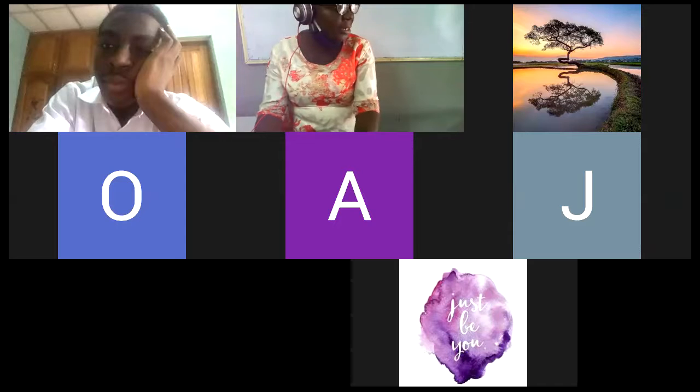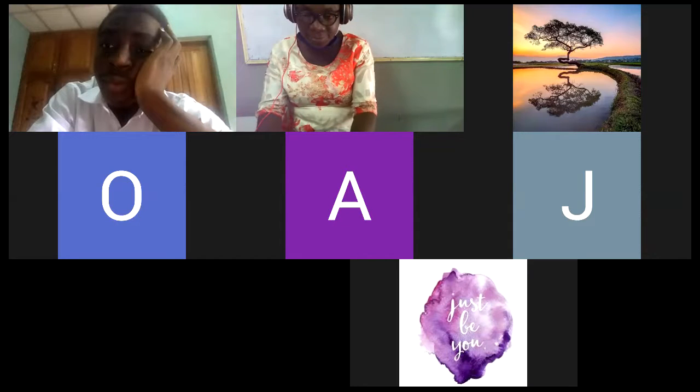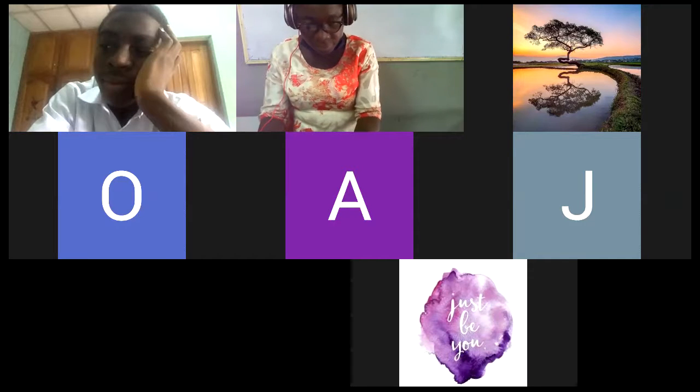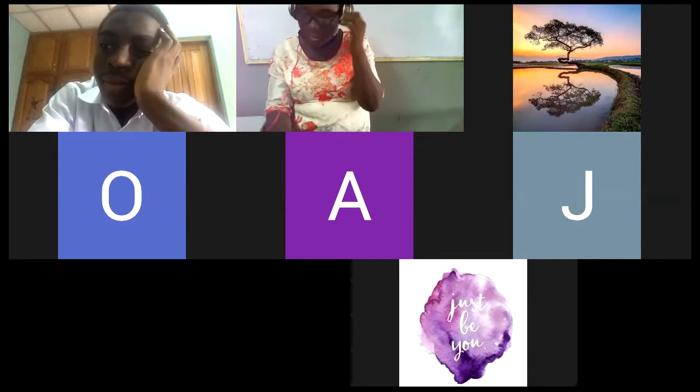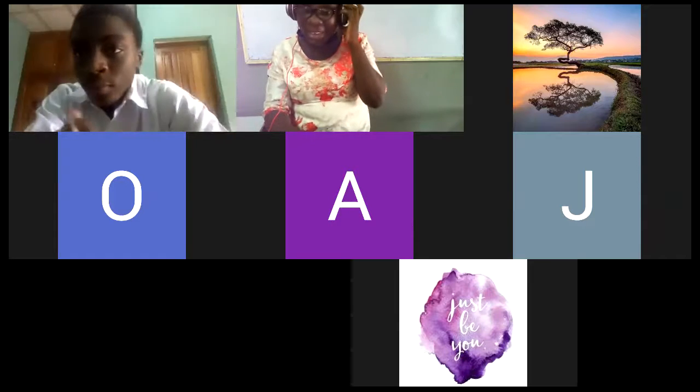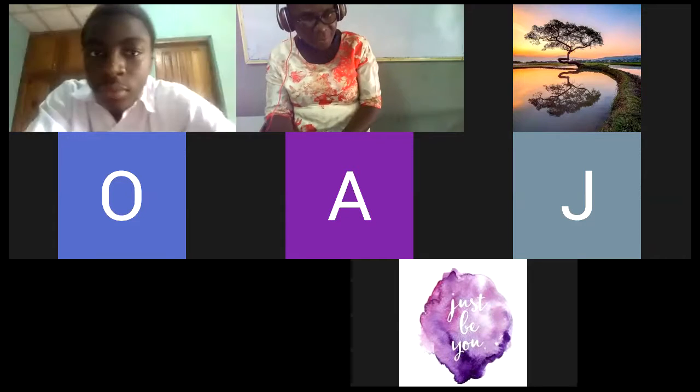What about the intercostal muscles? Which one will relax and which one will contract? The external intercostal muscle will relax. Internal intercostal muscles will do what?